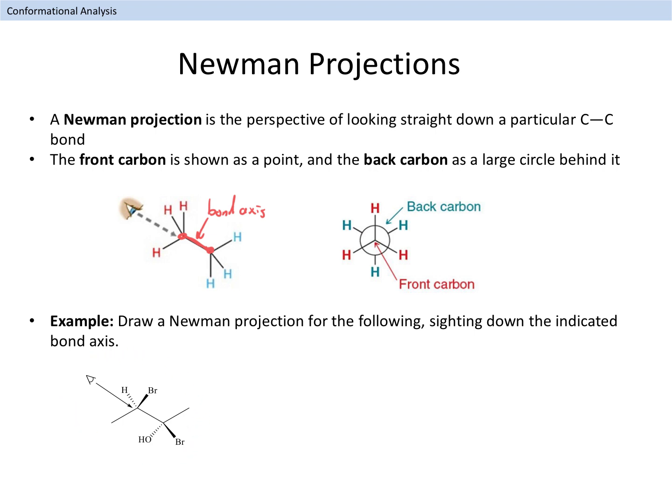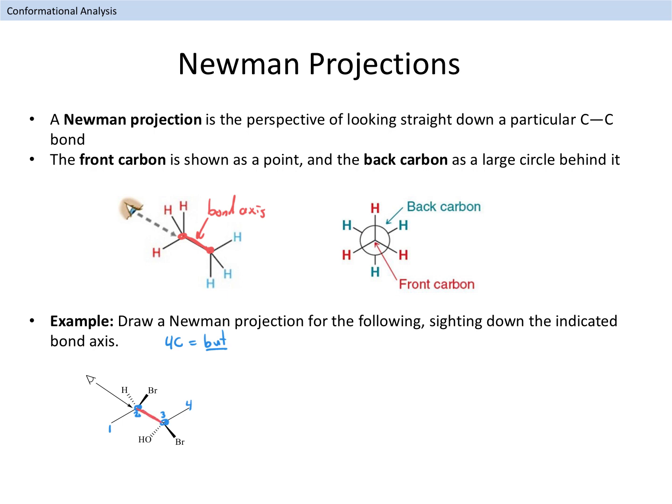Before we start drawing, notice that the parent chain in this example is butane, and we have substituents at C2 and C3. To draw the Newman projection, we need to know the bond we will be sighting down. In this example, we will be looking down the bond that connects carbon 2 and 3.